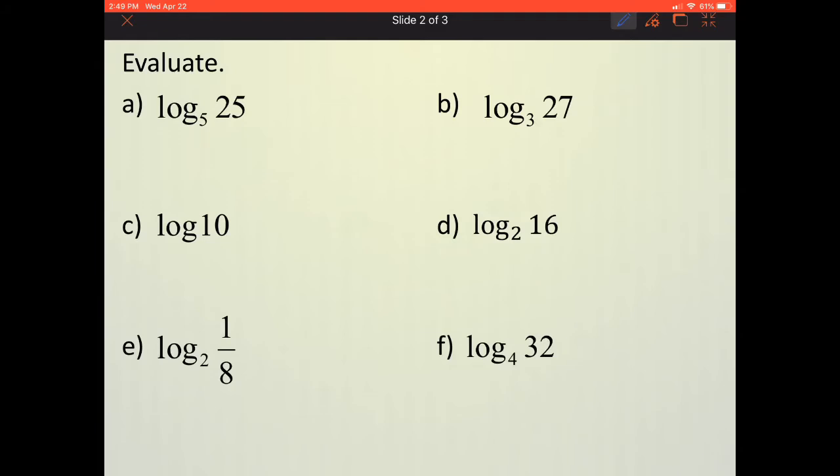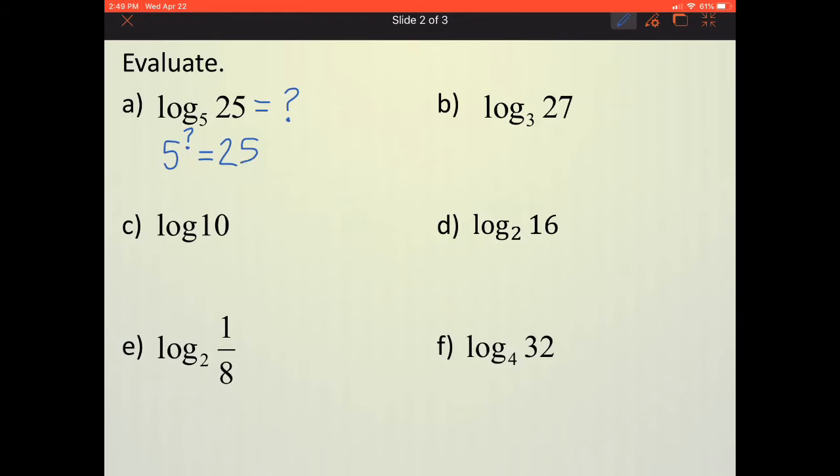All right, so what we're actually doing when we're evaluating, like this first example, log base 5 of 25, is we're actually looking for what the exponent was. So I don't know what this is equal to. I'll just put equals question mark. And if we think about the other day when we rewrote these, what this means is our base 5 to what power, right, that's what I don't know, that's what I'm looking for, is equal to 25.